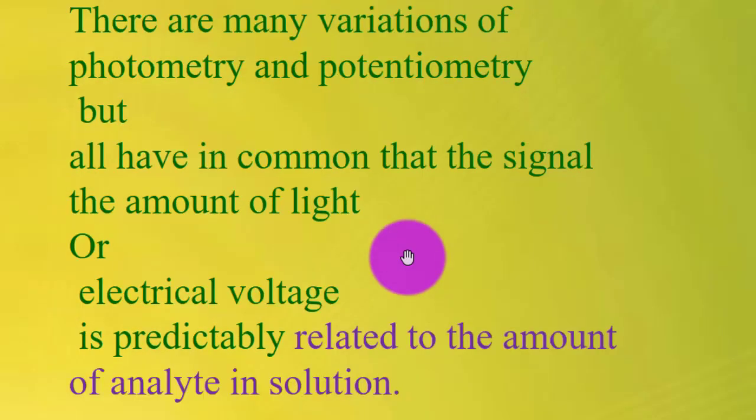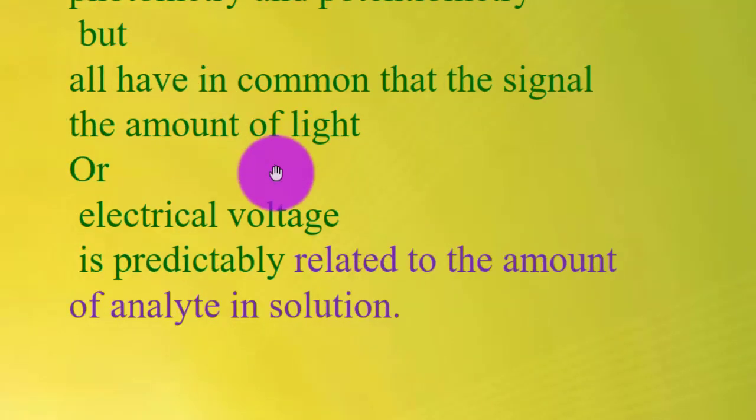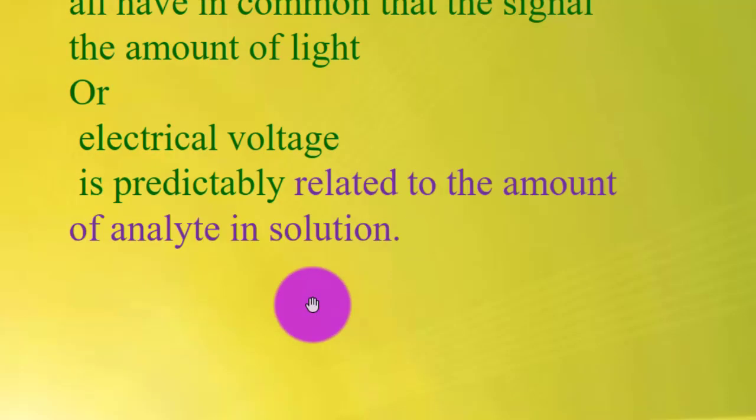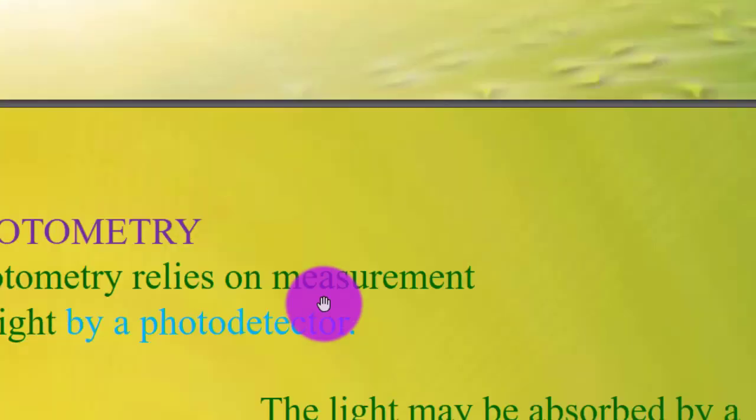There are many variations of photometry and potentiometry, but all have in common that the signals, the amount of light or electrical voltage, are predictably related to the amount of analyte in solution.